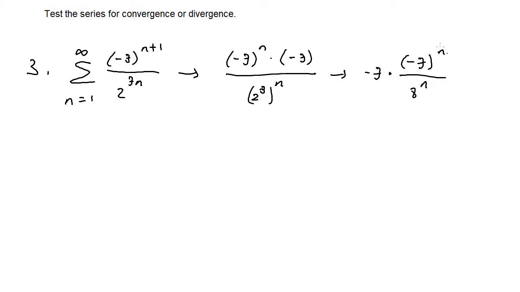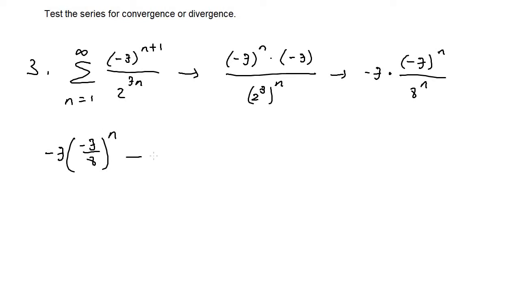Now because both the numerator and denominator have the same exponent, we can factor that exponent out. So we still have negative 3 outside the fraction, and then times negative 3 over 8, the entire thing raised to the n power. Because remember, when we have a fraction raised to a certain power, we can distribute that power to both the numerator and denominator of the fraction.